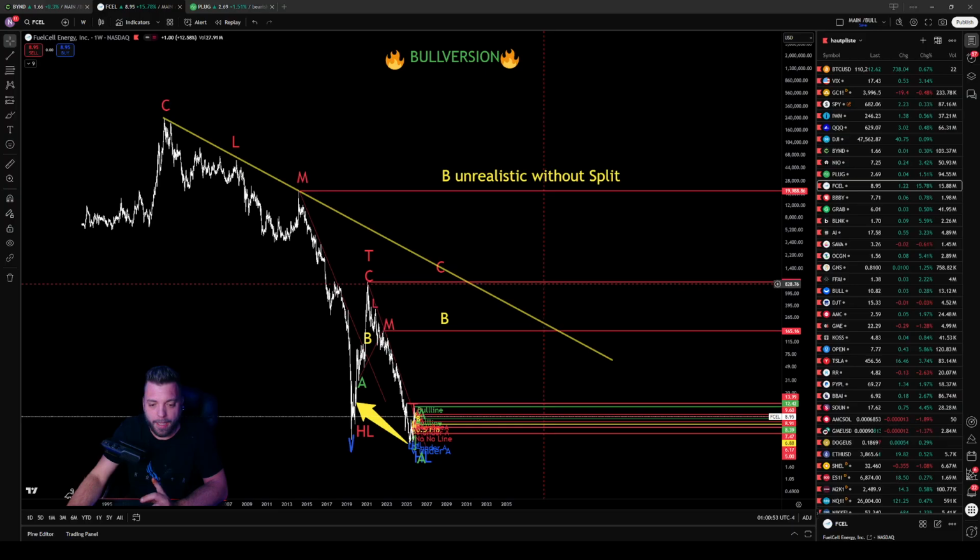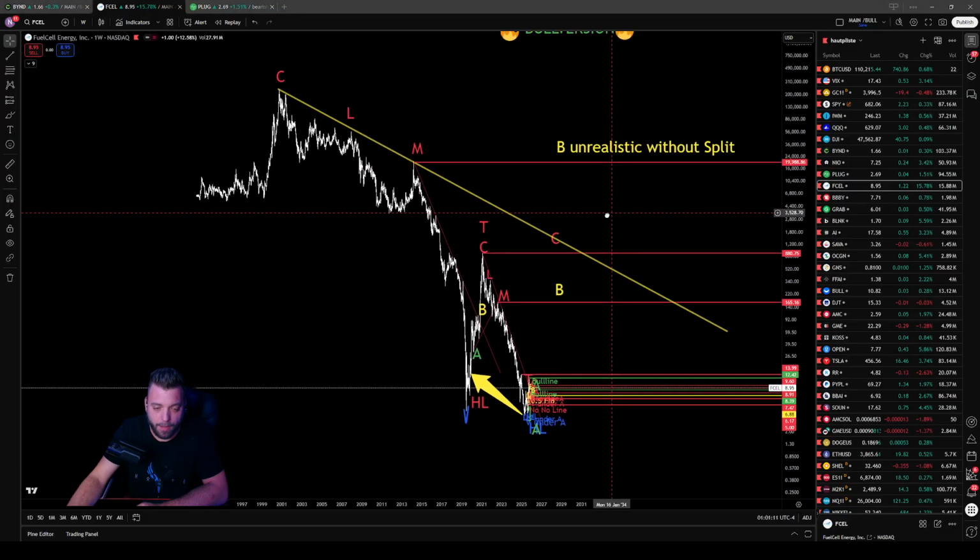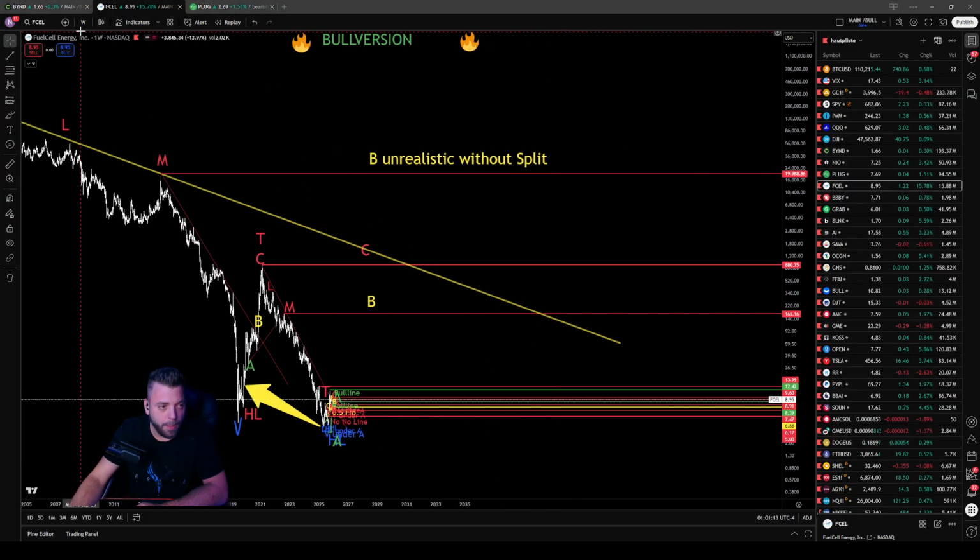You won't. You can go up here, but with a split. Just saying. A split or reverse split isn't changing the fractals, just the number. This stock won't be worth $19,000 a share. Just saying. So don't wait for this bullshit.